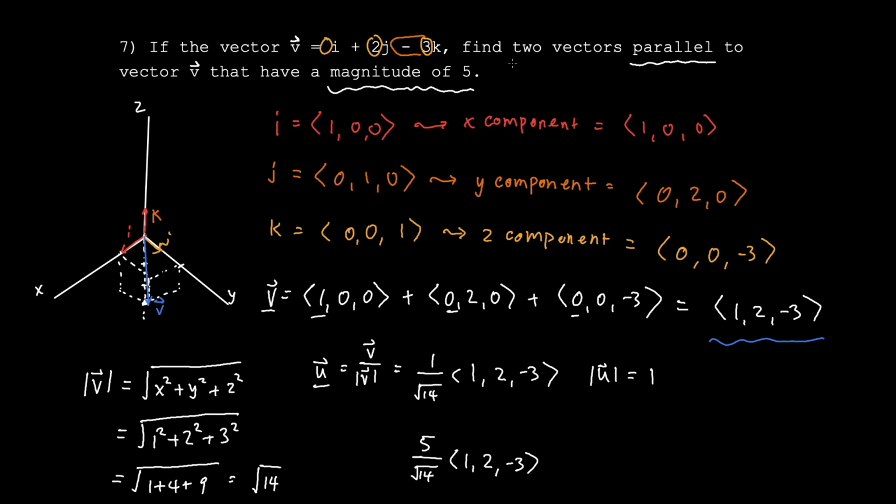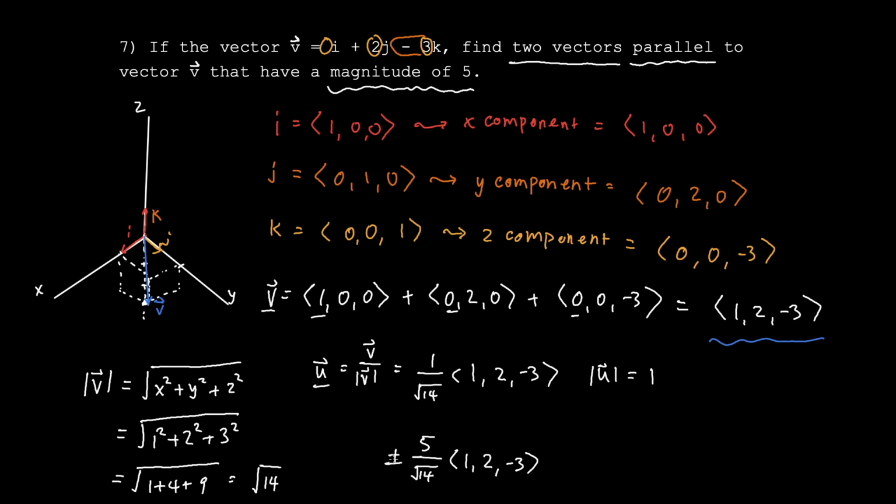So we want to find two vectors that are parallel to vector v that have a magnitude of 5. We can also multiply this by negative 5 to get another vector, because vectors that are pointing in the opposite direction can also have a magnitude of 5 and are also parallel to the vector v since it's a scalar multiple.